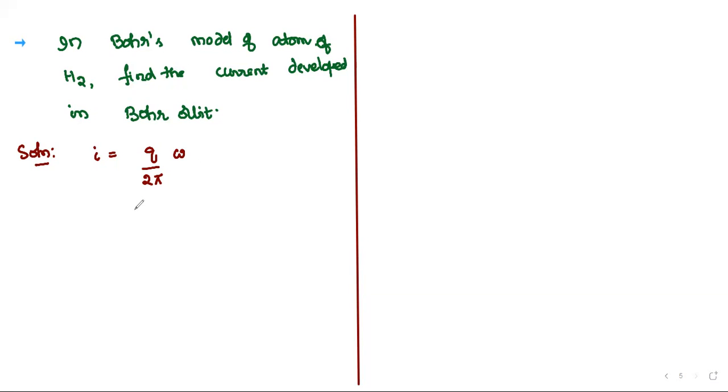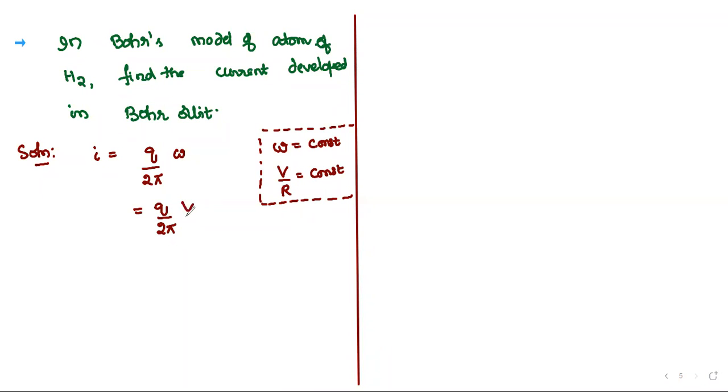If I don't know omega, in the case of electrons omega is constant, so happily I can write omega equals V over R, from V equals R omega in a circular orbit. So I replace the term omega with V over R.